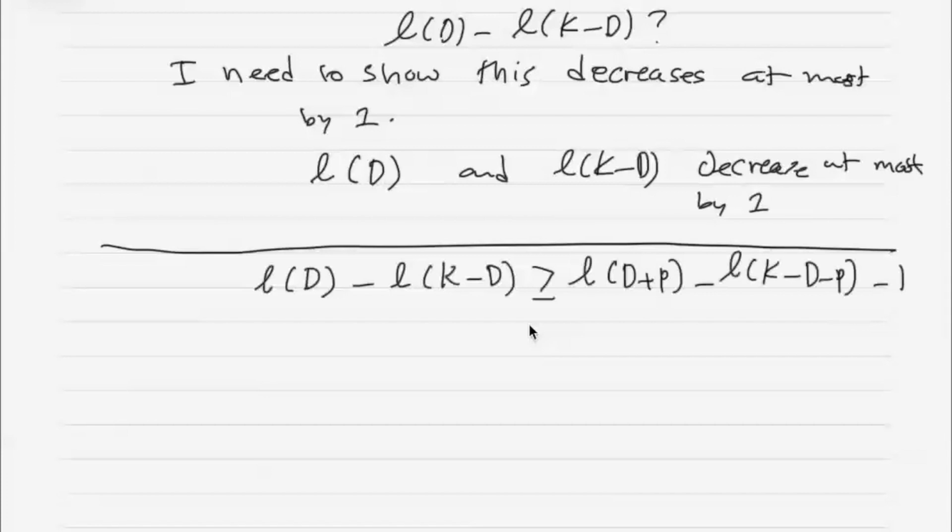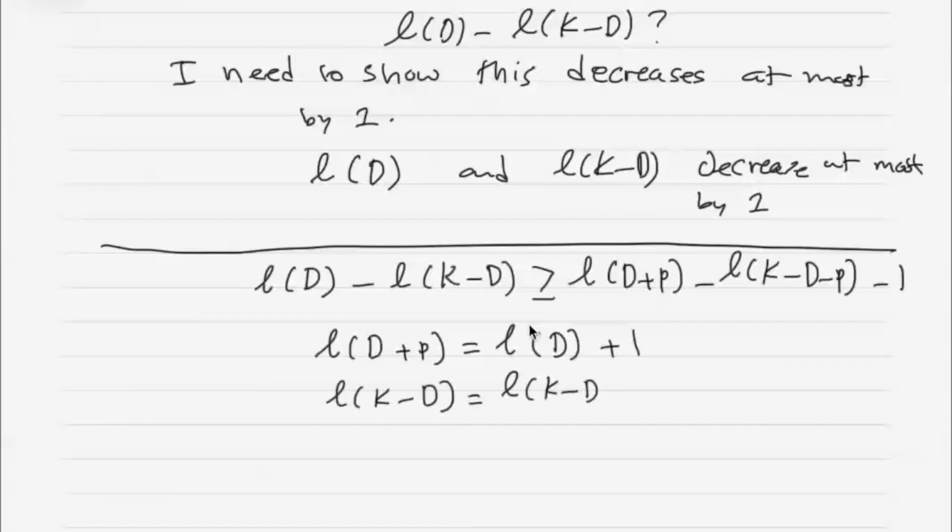Okay, that's what I want to prove. That's the meaning of this will be decreased at most by 1. Now, the only case that this doesn't happen is when L of D plus P is equal to L of D plus 1, and L of K minus D is L of K minus D plus P, minus 1.